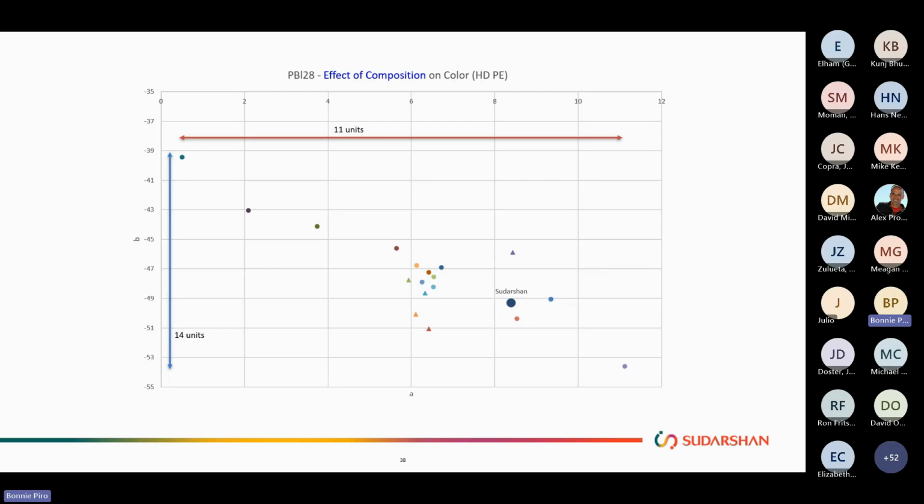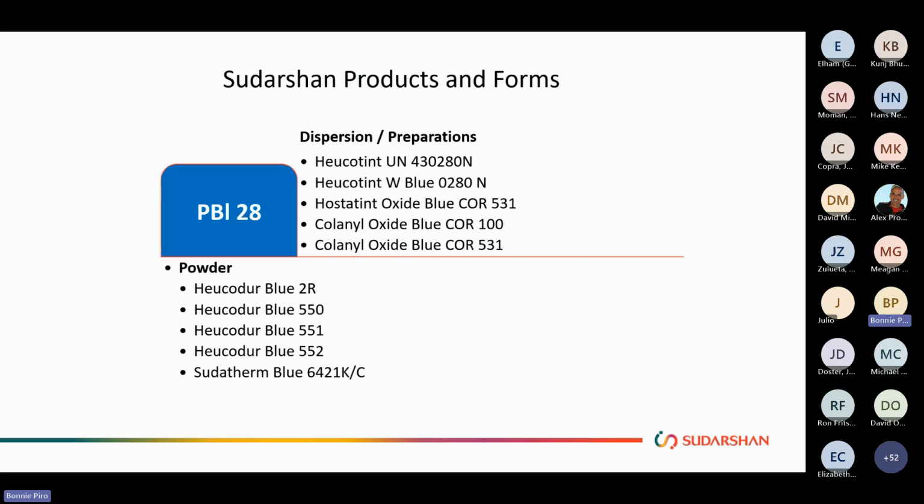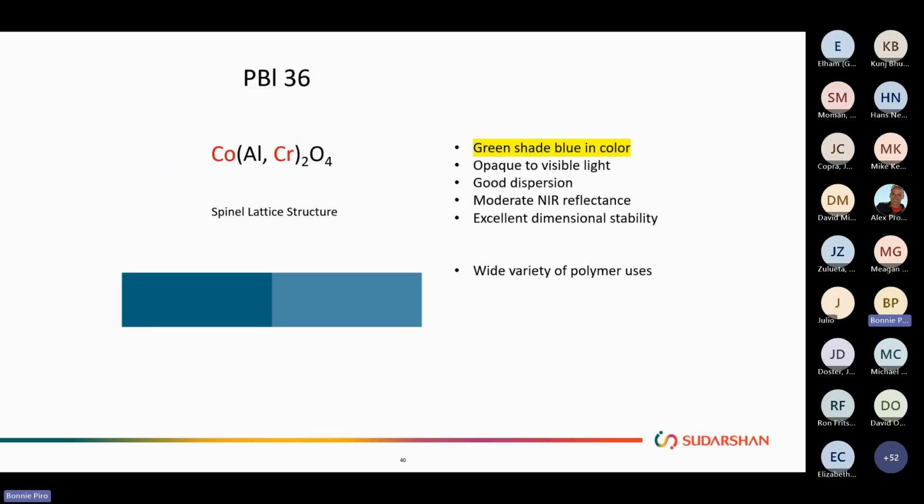So you can see how varied we can create a Pigment Blue 28 color just by that manipulation. From a product perspective, it shows up in a variety of both powder and liquid spaces. And then switching to the green side of the cobalt blue is the Blue 36. Same types of properties and application areas, just with the shade on the green side.